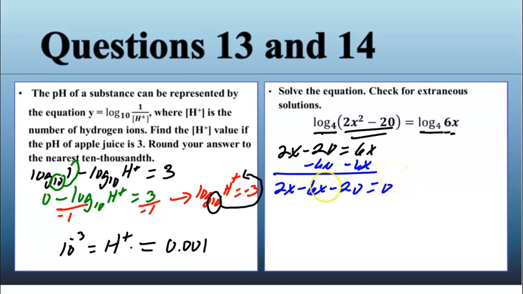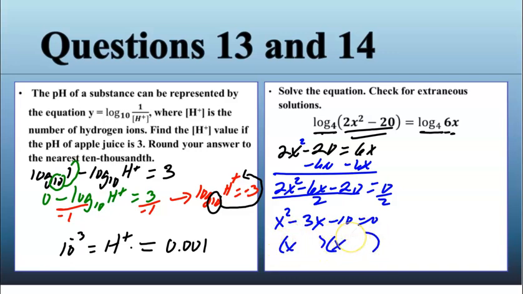And I can factor out a 2 on both sides, and I'm left with x squared minus 3x minus 10 equaling 0. Now I can factor this. I have to think, what do I multiply to get negative 10, but add them together gives me negative 3? That would be a negative 5 and a positive 2.